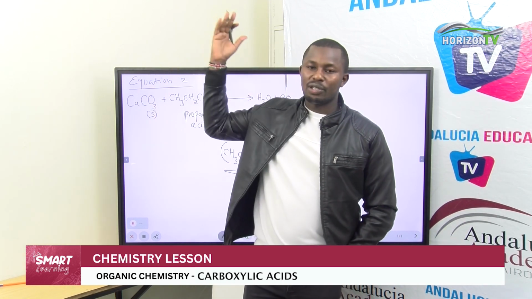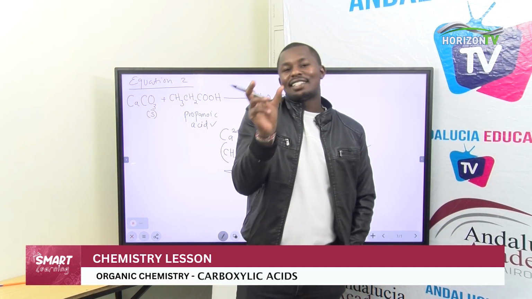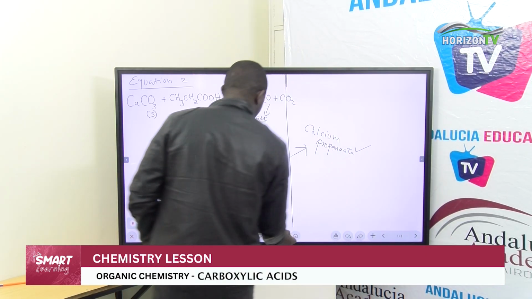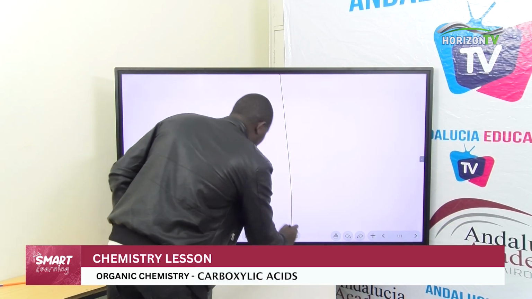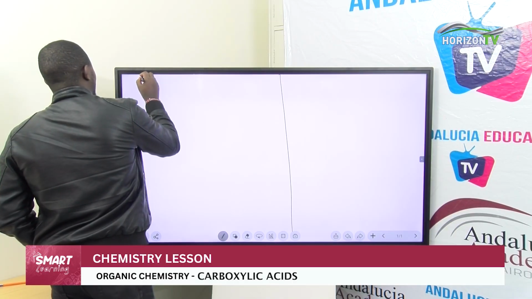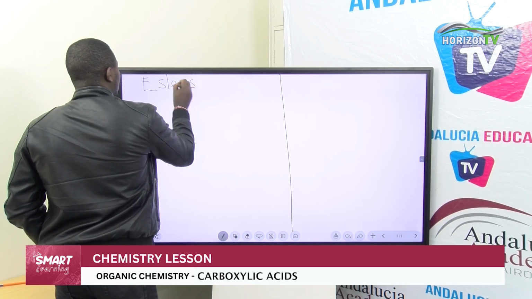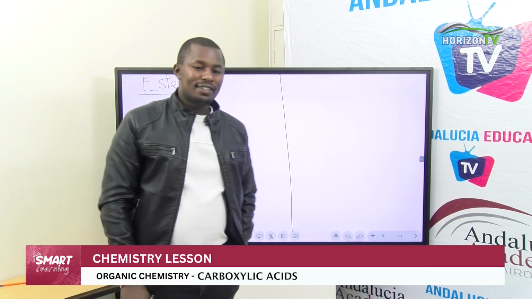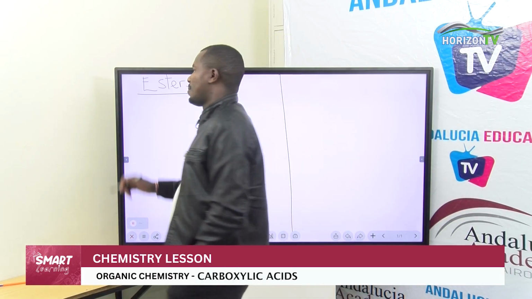Remember, we know more about alcohols because we captured alcohols in our last episodes. We know more about carboxylic acids. So once the two react, we form esters in a process called esterification. So this is our next subtopic, the esters.